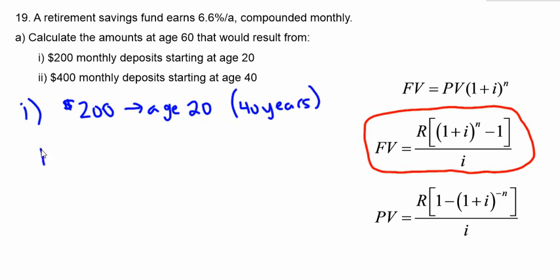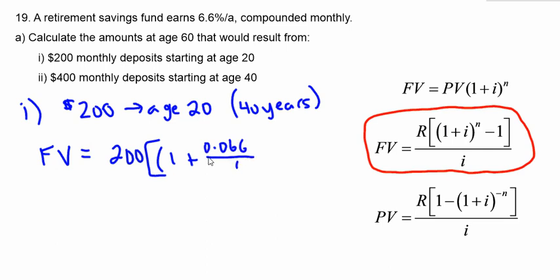So the future value is the regular deposit of $200 times bracket 1 plus, now the interest is 6.6%, but it's compounded monthly, so I have to divide by 12 to reflect that. And my exponent: it's 40 years, and it's monthly, so 12 times a year. And then subtract 1.